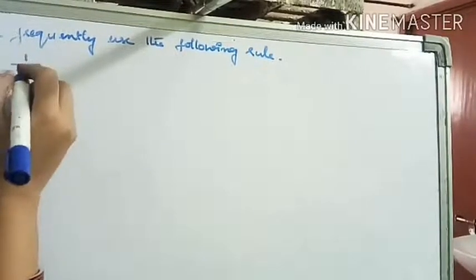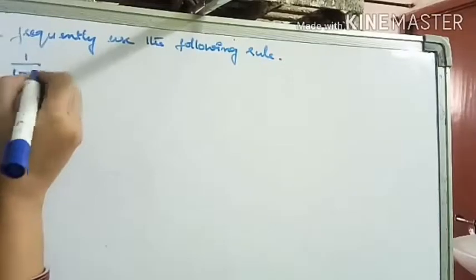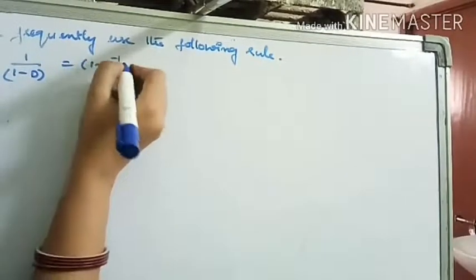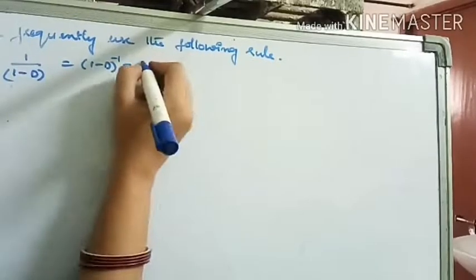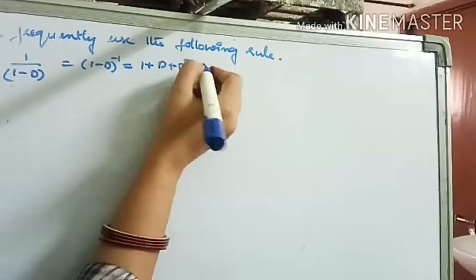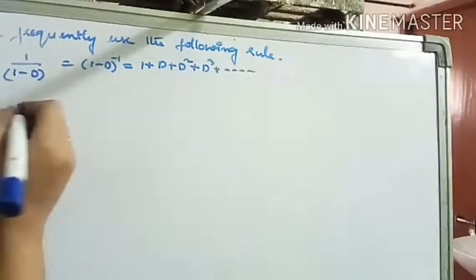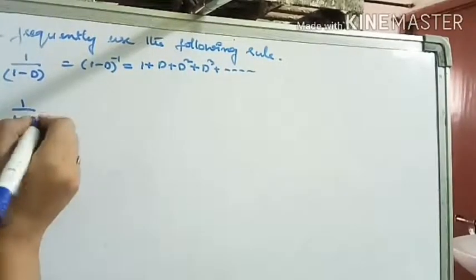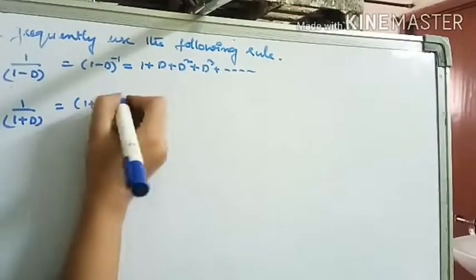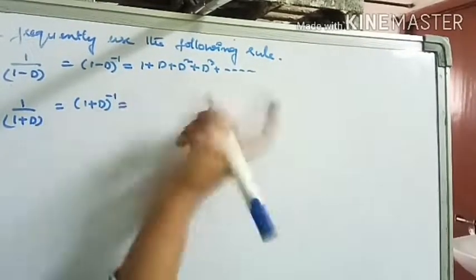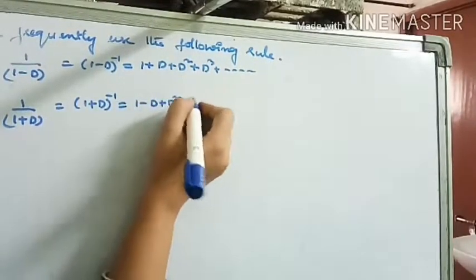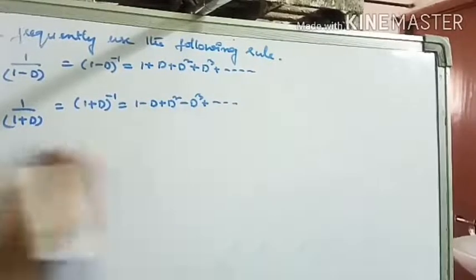First one, 1 by 1 minus D, where we can write it as 1 minus D whole to the power of minus 1, taking it to the numerator. Now we can open it as 1 plus D plus D square plus D cube, and so on. The second one, 1 plus D whole to the power of minus 1 equals alternating terms: 1 minus D plus D square minus D cube plus so on.